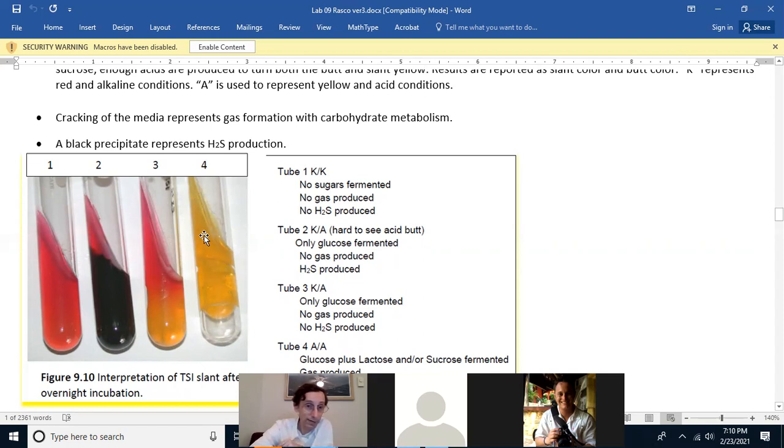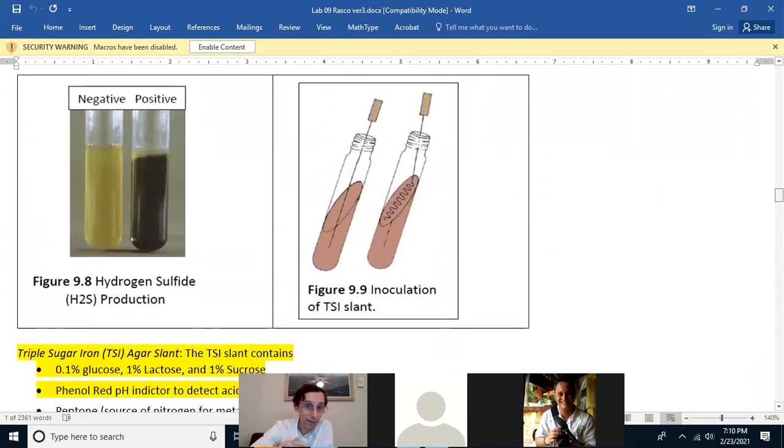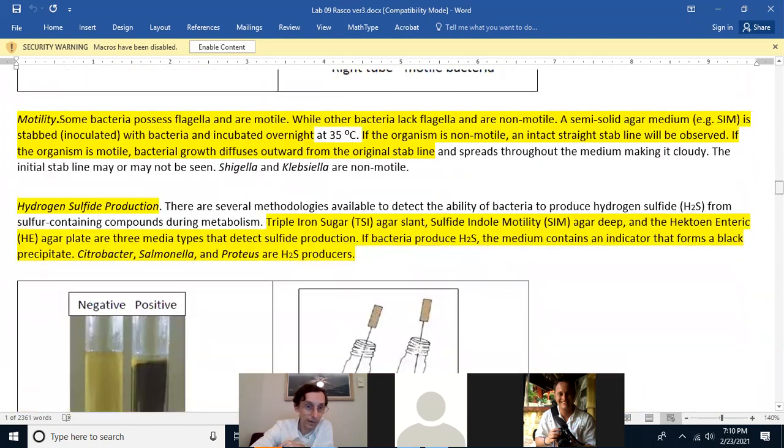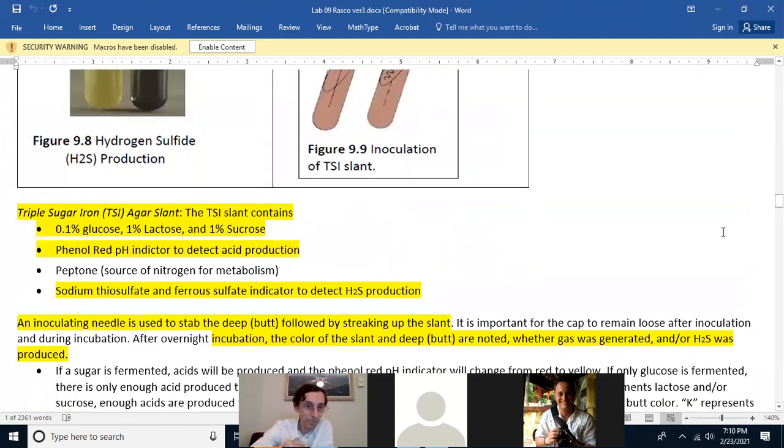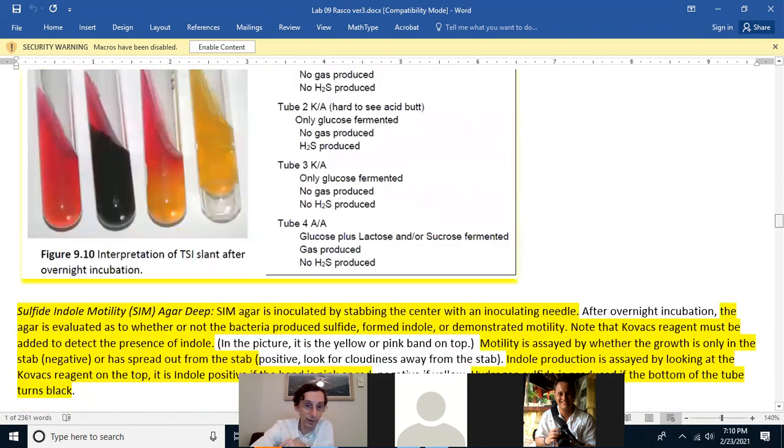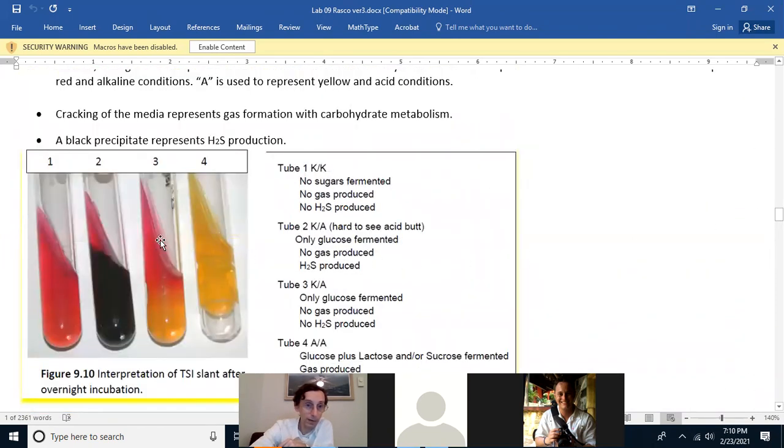And the reason why the slant is yellow here and remains yellow is that sucrose and lactose are present at 10 times higher the concentration than glucose. And so the sucrose and lactose have not been totally used up by the time limits of this test.